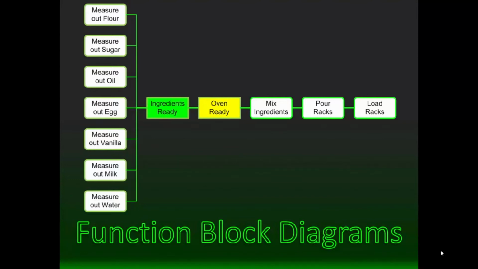Now it could be you have a 6-zone oven, meaning you have a metallic conveyor that goes all the way through this oven from the entrance to the exit. I've worked on ovens that were 300 foot long that had many more than 6 zones. So oven ready could be a very complex process all by itself based on having multiple zones ready.